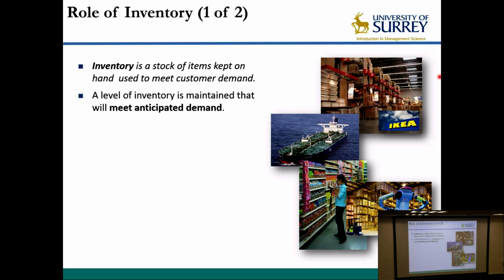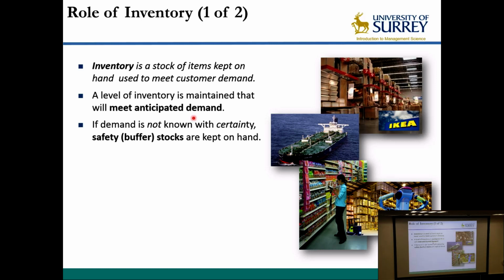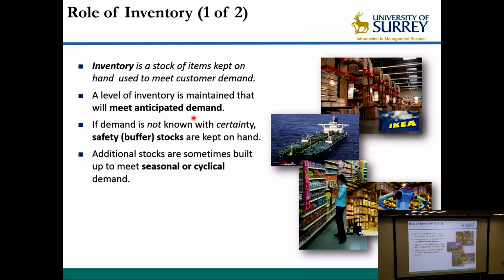And also, if we don't know the demand exactly, we probably do some forecasting so we can meet the anticipated demand. We assume that in the future we have a certain demand, so we do some forecasting and temporarily store some products, and we can meet the requirements from the customer immediately. And also, if we are not certain, maybe we temporarily store something more, to keep the products or intermediate process items on hand and make sure everything's fine.